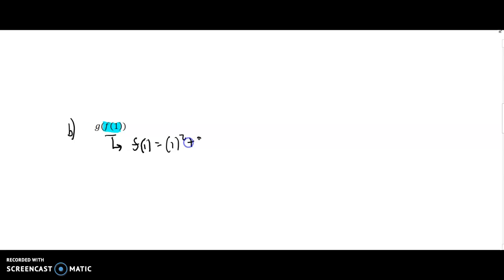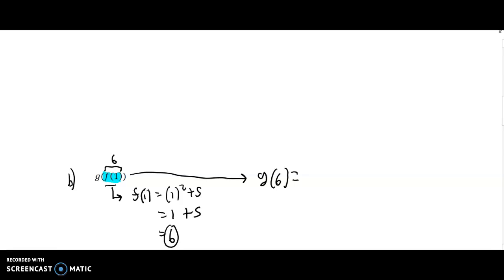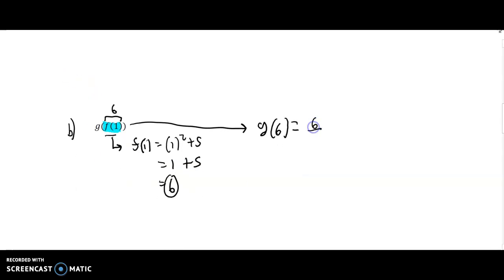We have 1 squared plus 5, so it is 6. Now we want g of 6. G is x over 2 minus 1, so we have 6 over 2 minus 1. 3 minus 1, and our final answer here is 2.